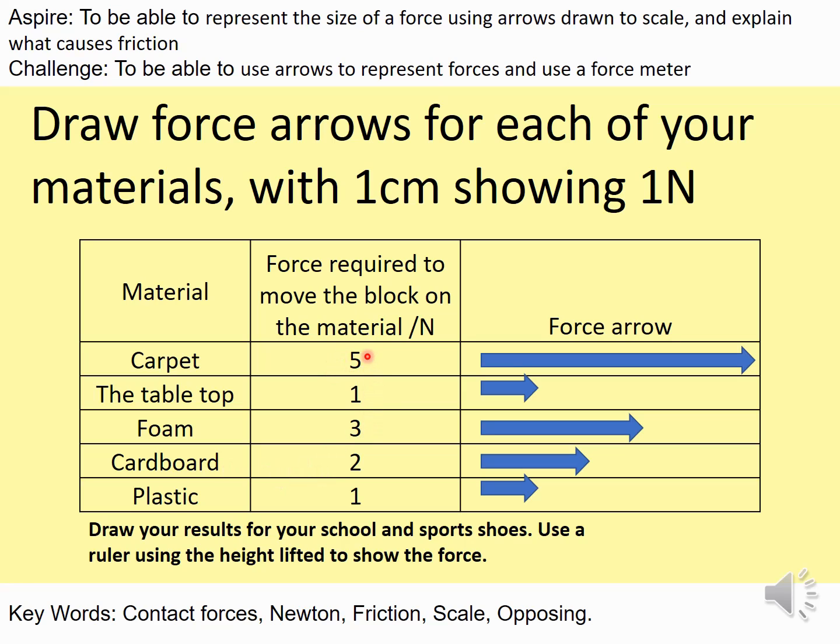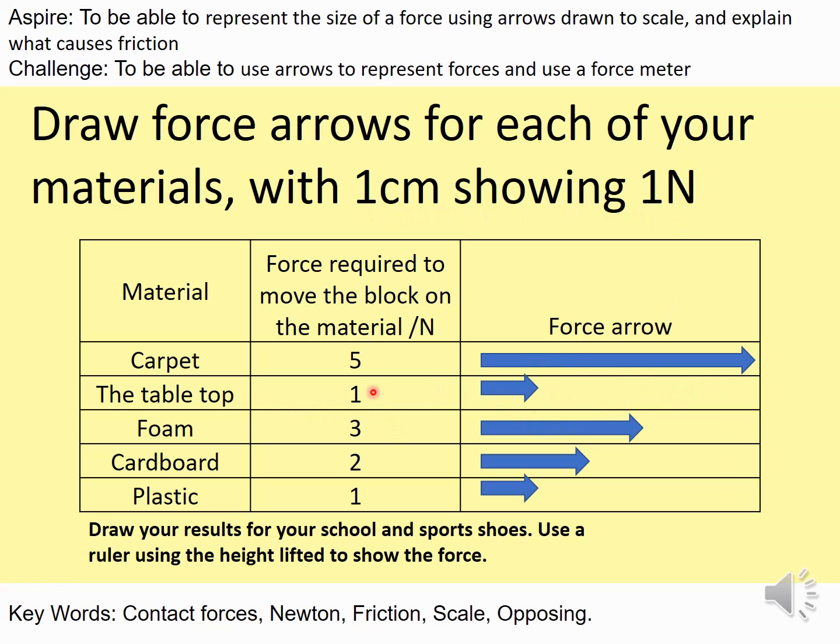So it took 5 newtons to make this object, which is the same for all of these tests, start to slide. So therefore this arrow, 1 centimeter equals 1 newton, here's the scale, is 5 centimeters long.